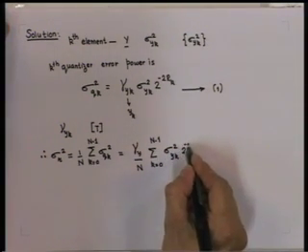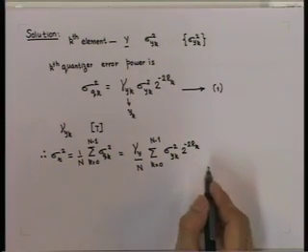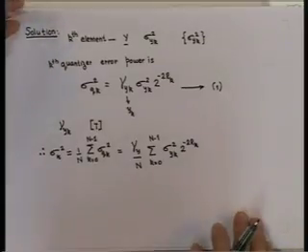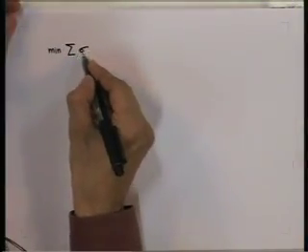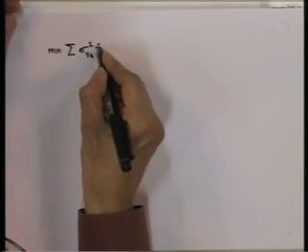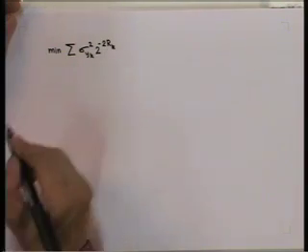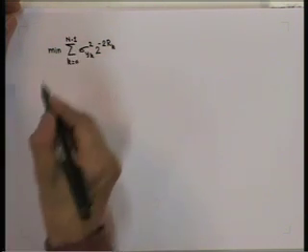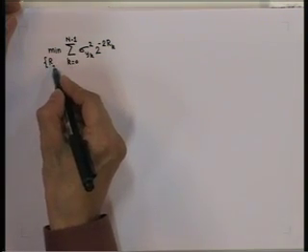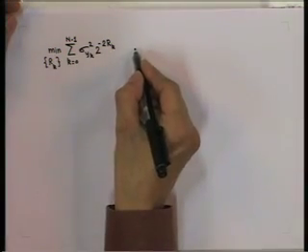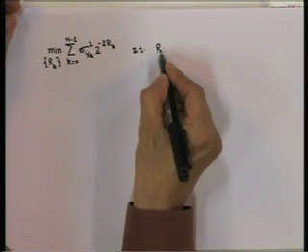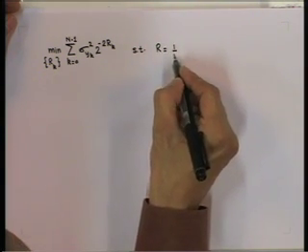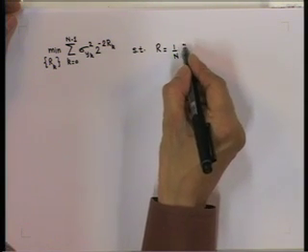Therefore, we have the constrained optimization problem as: minimize this quantity over the set of R k such that we have this constraint satisfied.